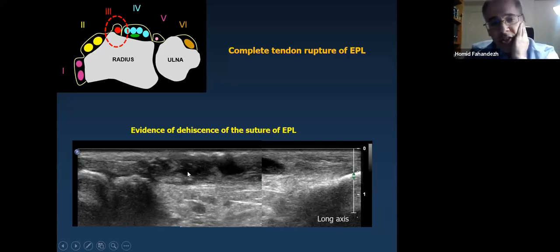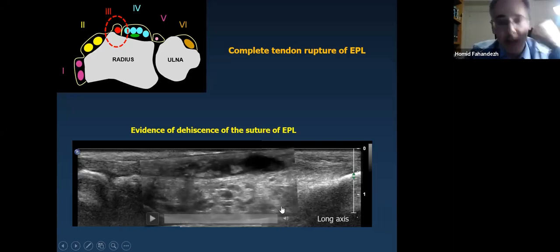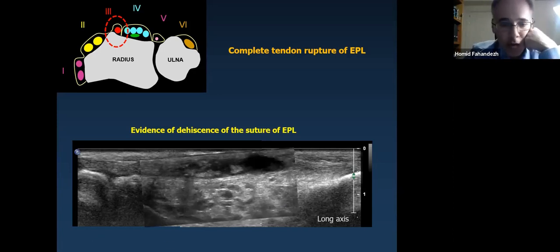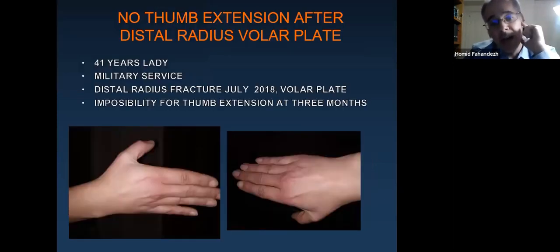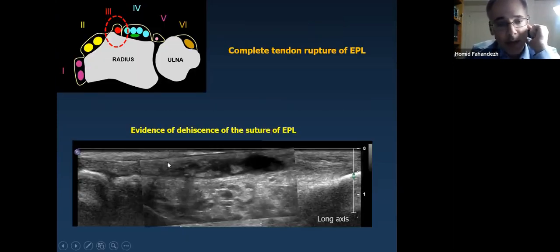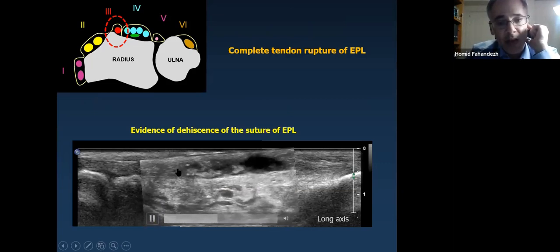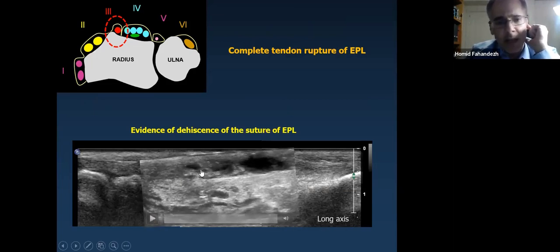In ultrasound, in static, you can see the distal tendon here and a very heterogeneous area where we had performed the suture before. But the best way to check the mobility and the function of the tendon is to ask the patient to move and do a dynamic study with ultrasound. And here you can see how the tendon, when you ask the patient to move, doesn't move correctly as one unit.